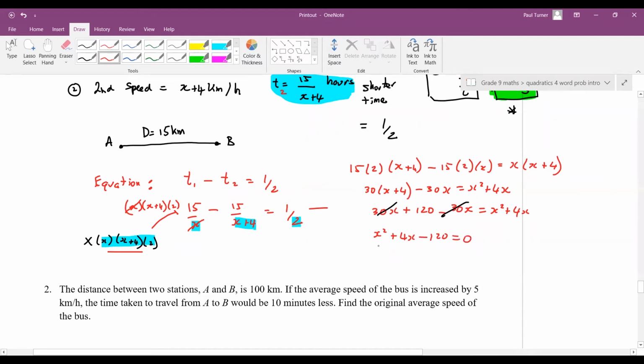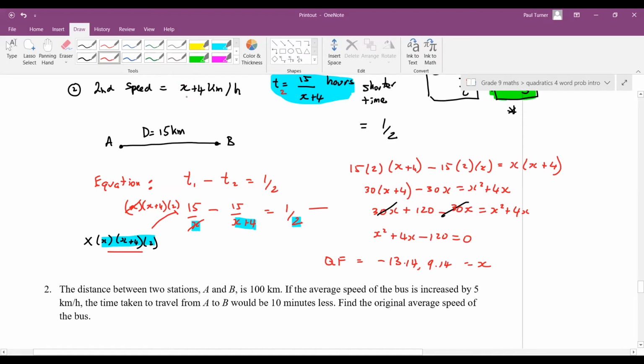You can't factorize this one. You can try, but it's not going to work because you end up with decimals. So by your quadratic formula, when you solve this equation, you'll get minus 13.14 and 9.14. And this is the value of x. Because x is a speed, we don't want a negative speed.